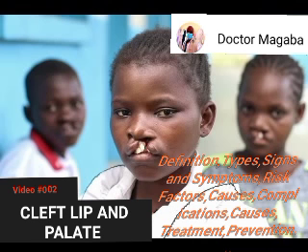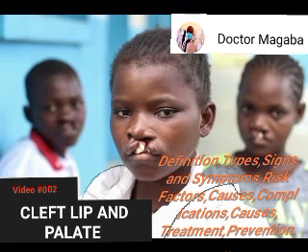And now, as I'm just about to finish, allow me to talk about the complications of cleft lip and palate. You should know that children with cleft lip, with or even without cleft palate, face a variety of challenges, and this depends on the type and the severity of the cleft.